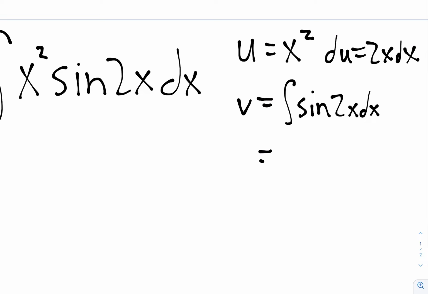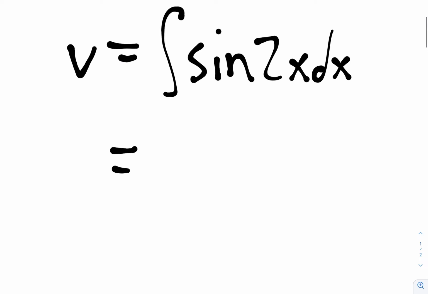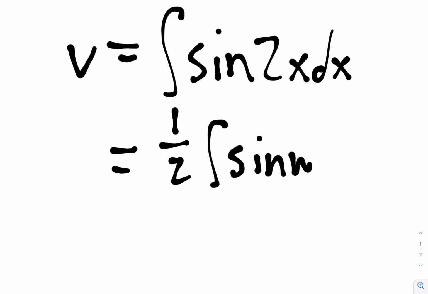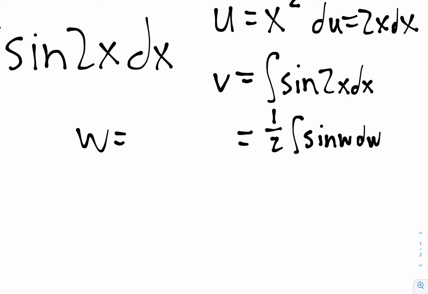Just using our substitution rule, remember, this is going to be 1/2 of the integral of sine w dw if we let w equal 2x, right? Because then dw would be 2 dx.